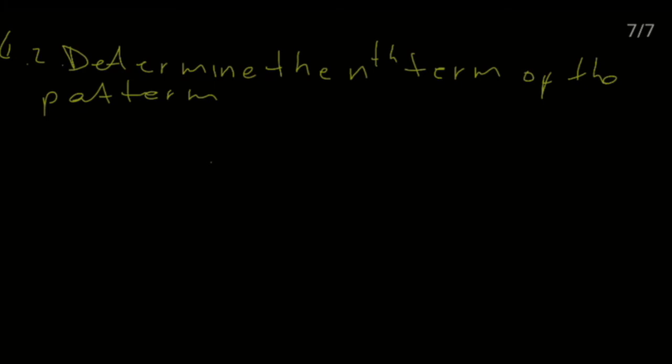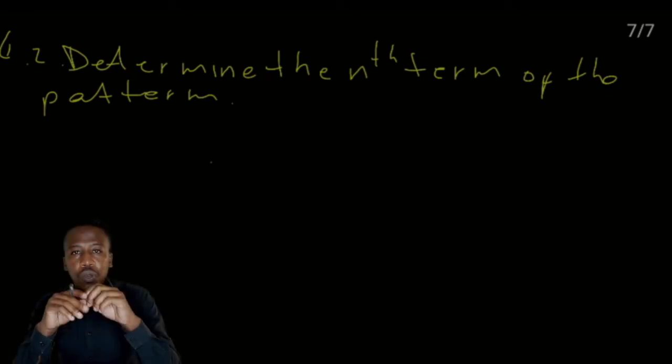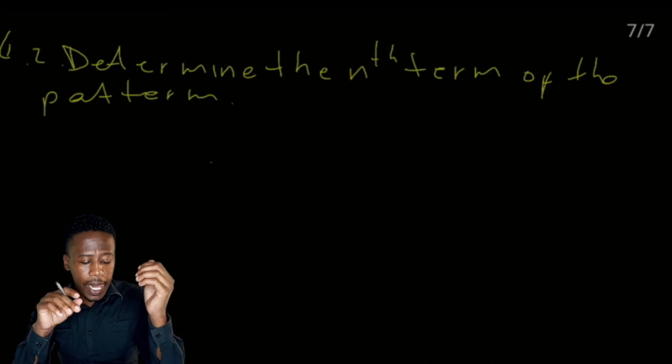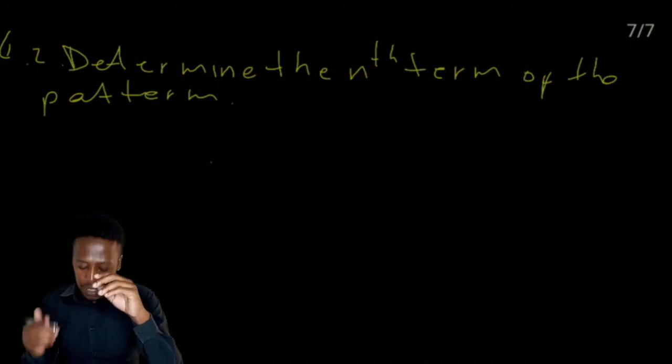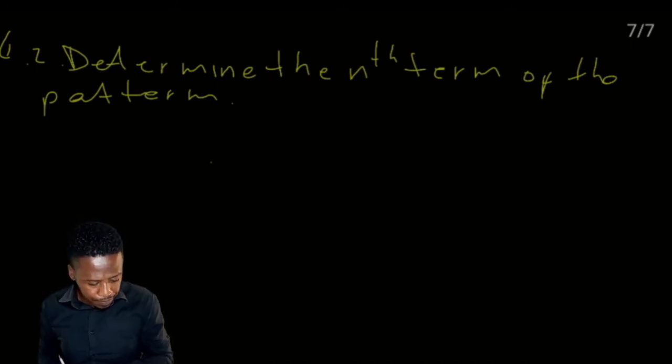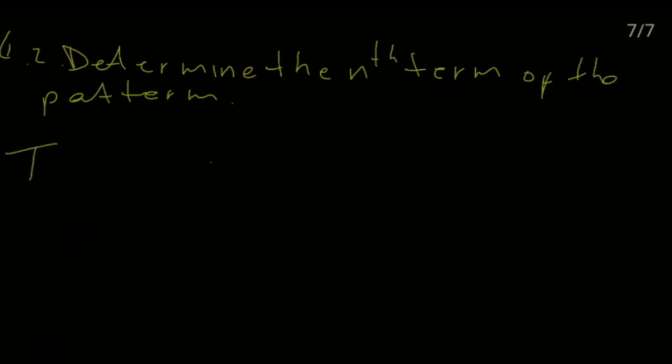Now what do we know? We know that we are dealing with a quadratic pattern. Now they want us to determine the nth term, meaning they want us to determine Tn, right?